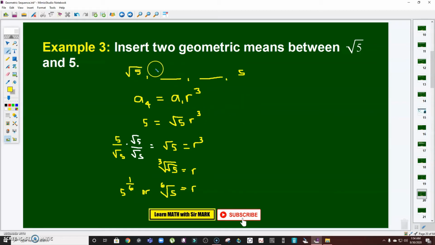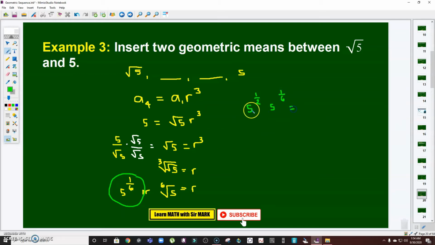I'm just going to express all of this using fractional exponents para mas madali. My first term, square root of 5, will be 5 raised to 1 half. Again, multiply it by the common ratio, which is 5 raised to 1 over 6. Naalala ba yung rule?